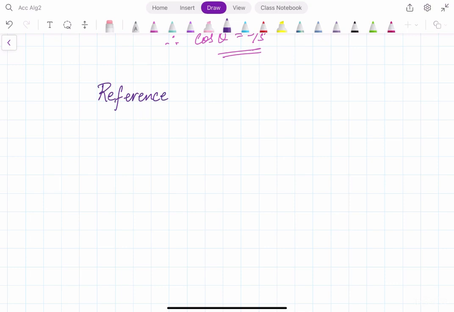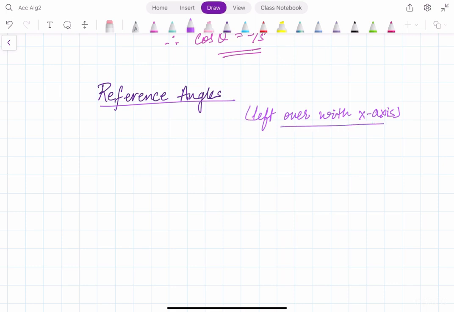Let's talk about reference angle. So reference angle, as simply as we can say, is what is left over with the x-axis. So what angle is left over with the x-axis after we create the original angle?